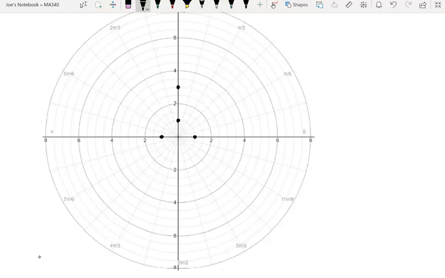So those x-intercepts, or those theta-intercepts, if you will, are helpful to get where we're going to go through the pole, to get those guiding lines, right? So the equation that we graphed was 1 plus 2 sine theta. Set that equal to 0. We had sine of theta is -1/2.